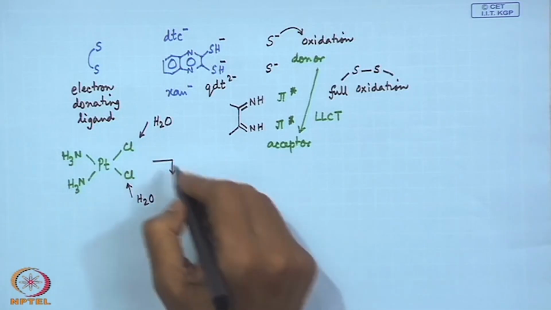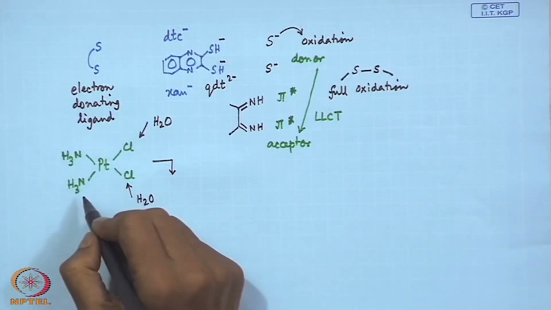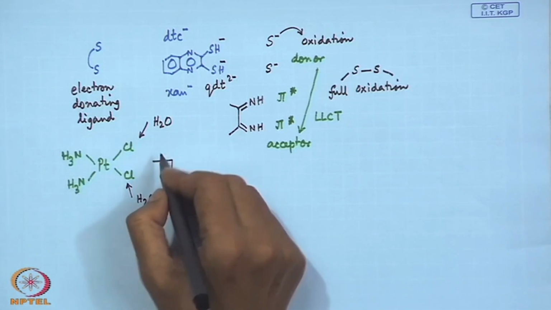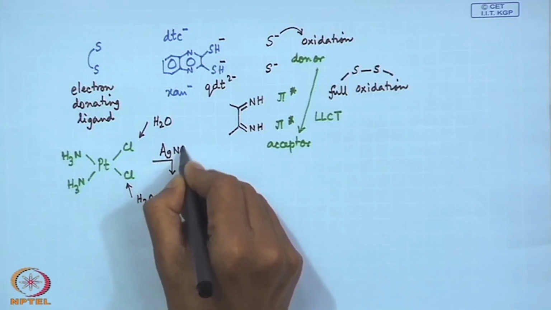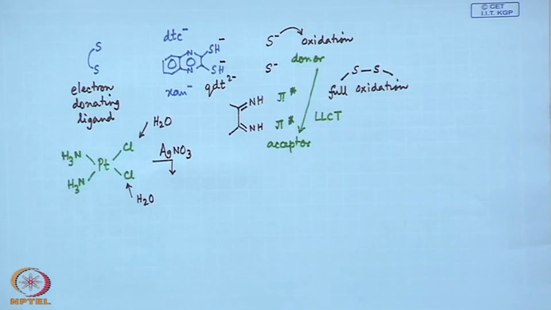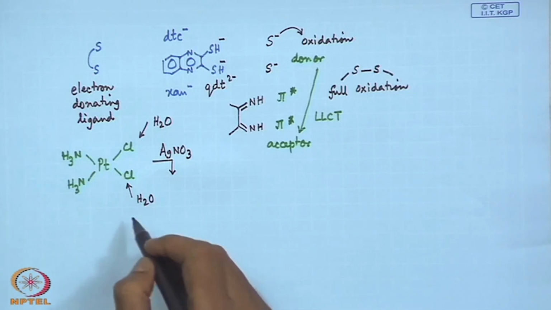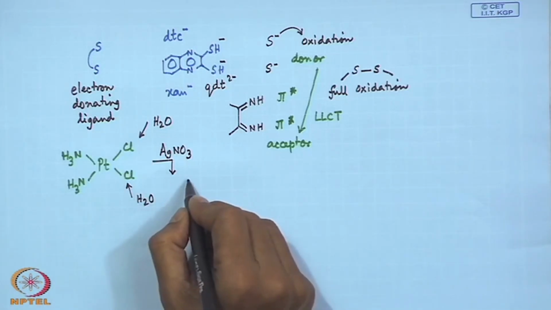In this particular case, the basic background for this type of synthesis is that if we use simple silver nitrate to take out these halides from the platinum center, we have the corresponding diaqua compound.